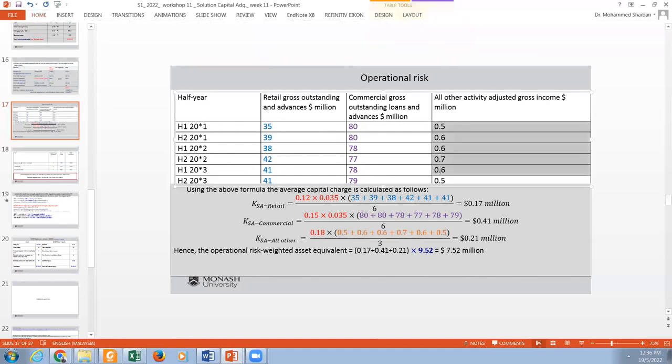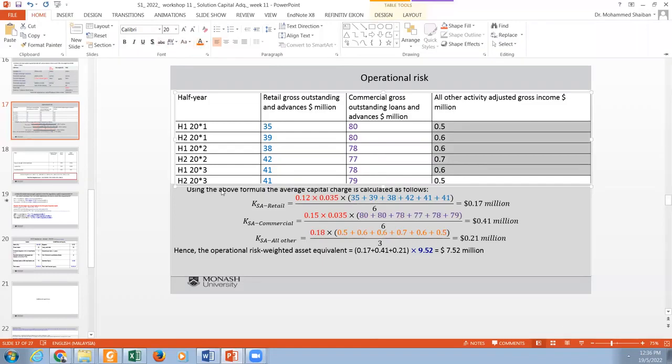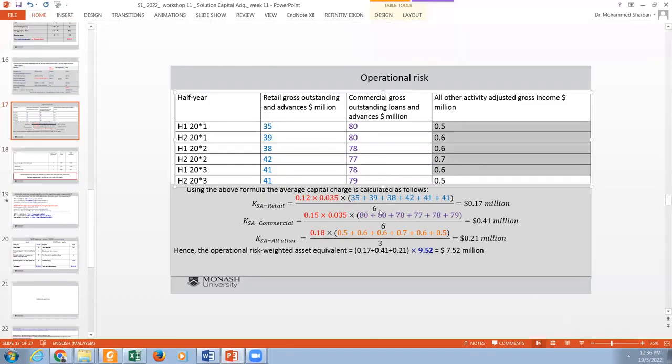I'm just trying to get the color. And then you have to divide this by 6. This is 6 periods, and they divide it by 3. This is how the formula comes. Then you will get what we call capital charge.